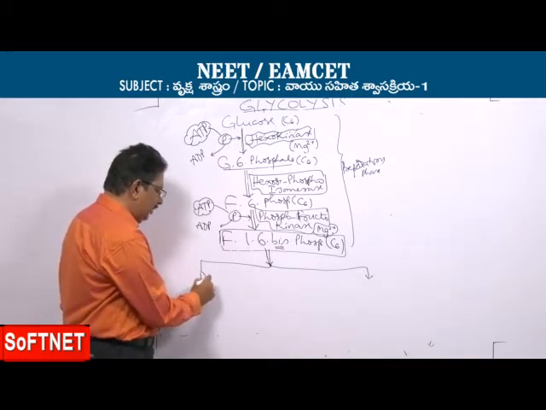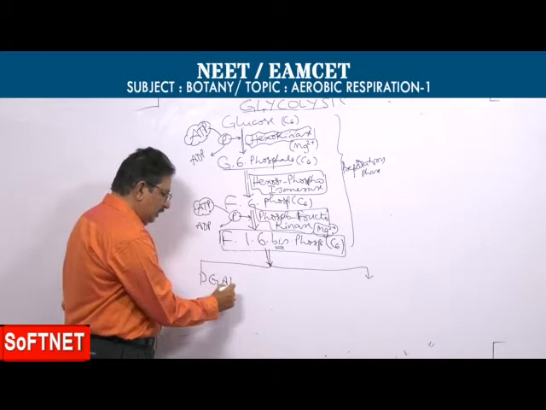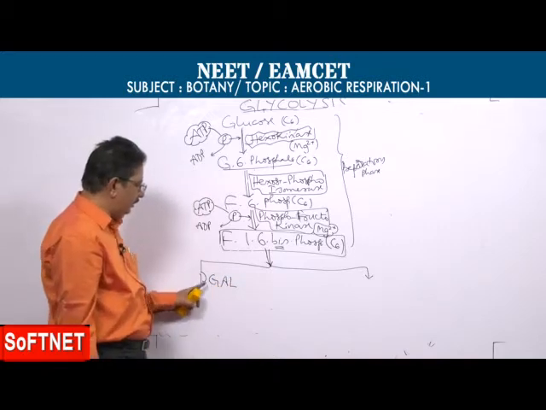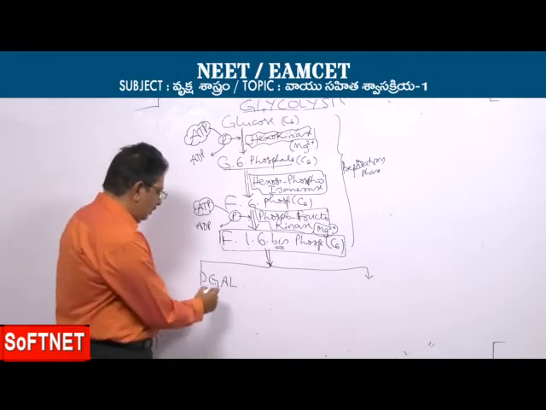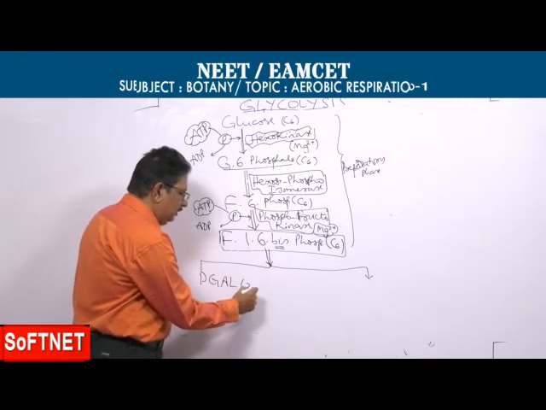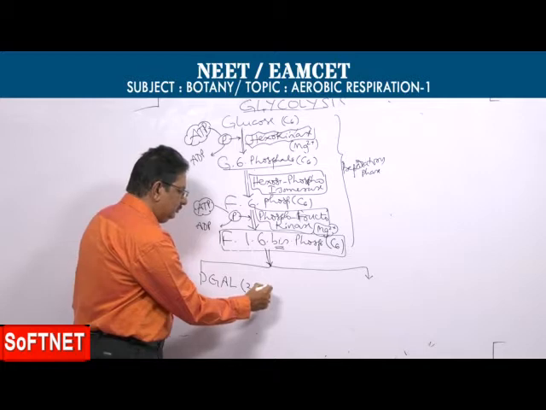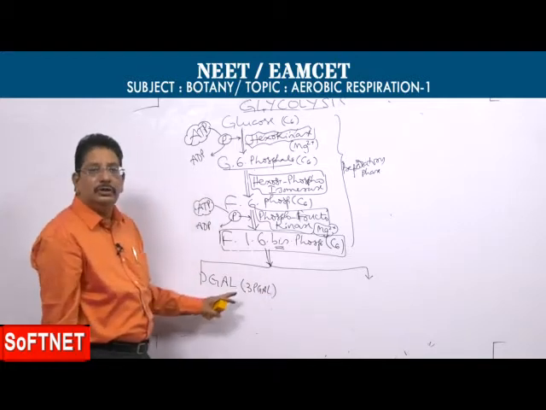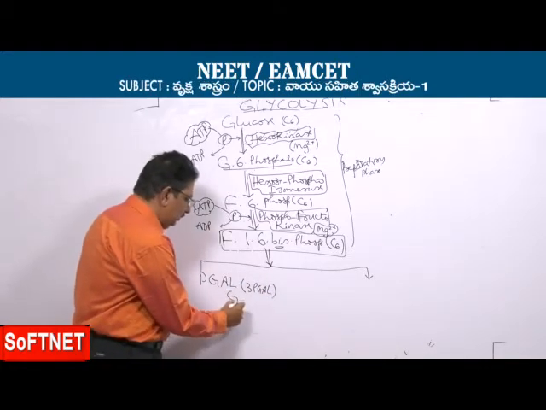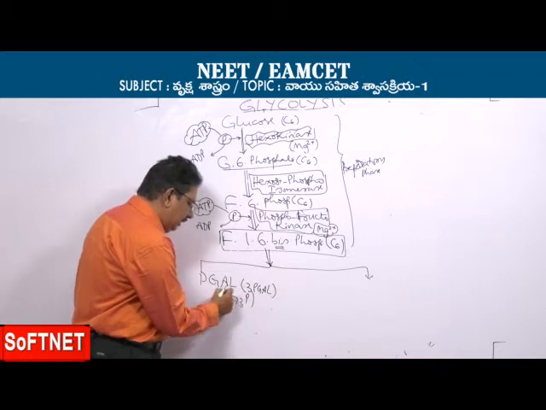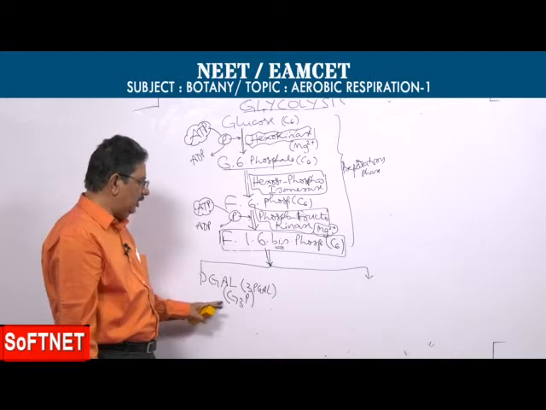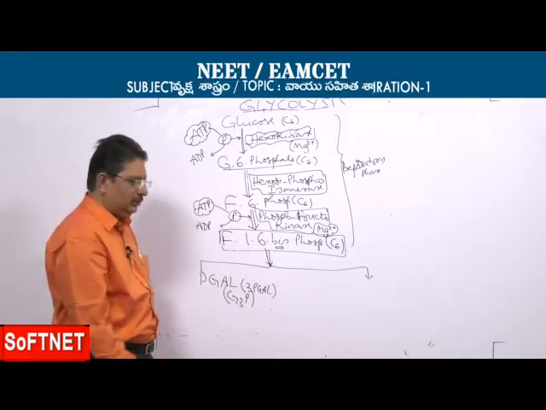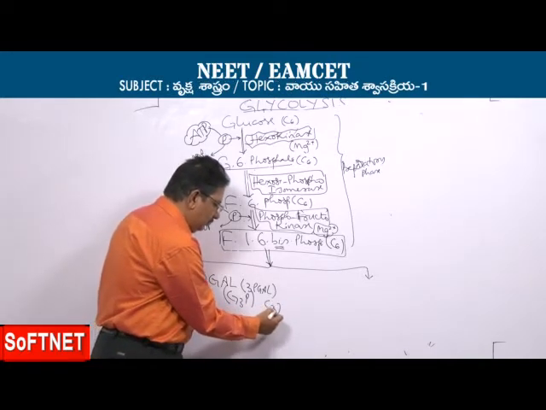One is called phosphoglyceraldehyde, let it be PGAL, sometimes called 3-PGAL, 3-phosphoglyceraldehyde, or G3P, glyceraldehyde 3-phosphate. There are different names, 3-phosphoglyceraldehyde or glyceraldehyde 3-phosphate, which is a C3 compound.